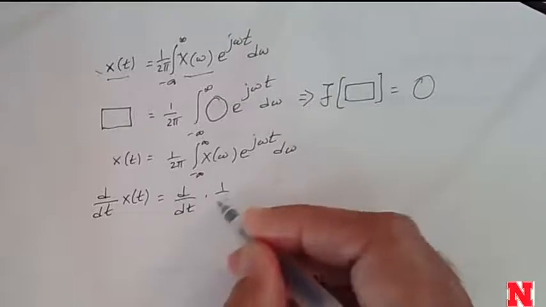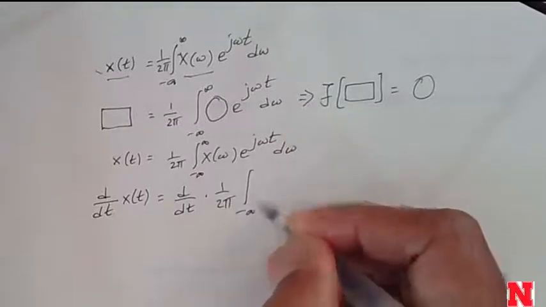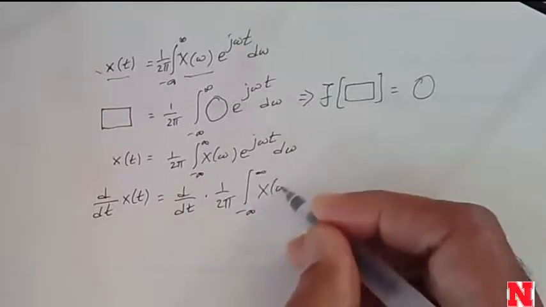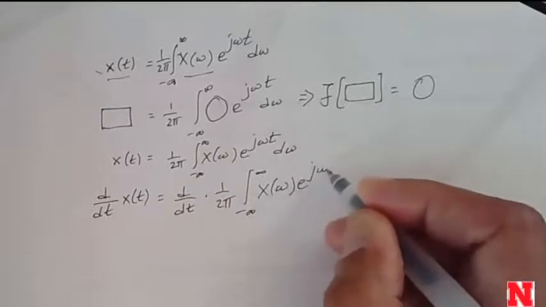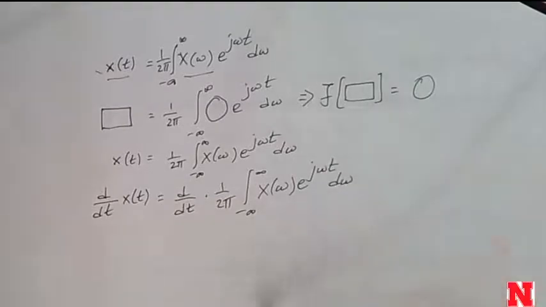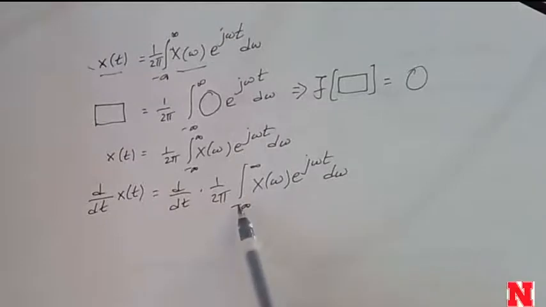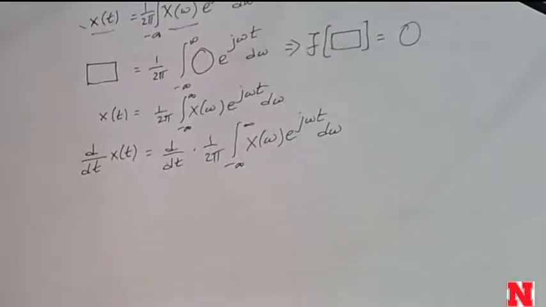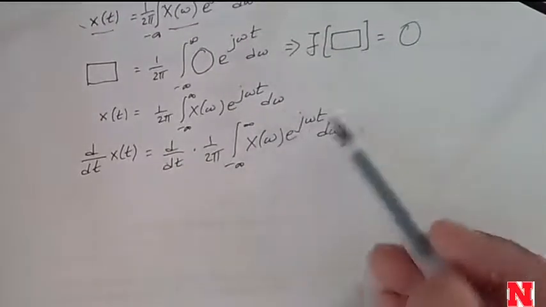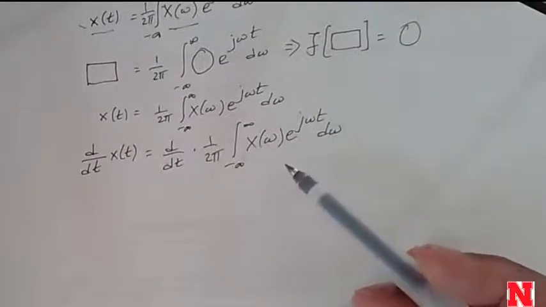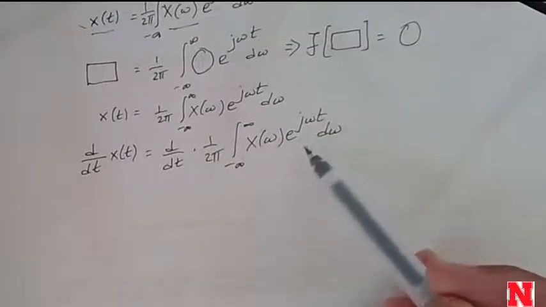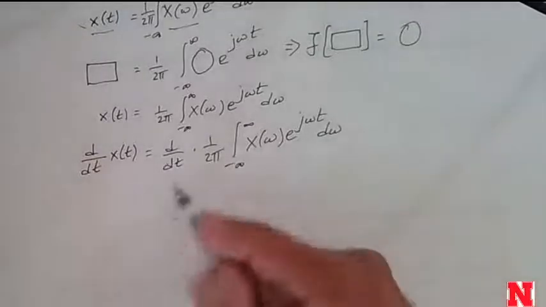Now I'll switch the order of integration and differentiation. I can do that whenever I don't end up with a situation where something becomes infinity. If this integral integrated out to infinity, I'd have a slight problem here, but as long as it doesn't, I can do that.